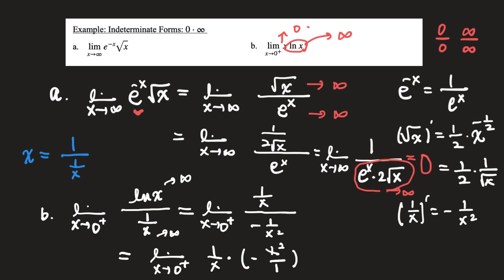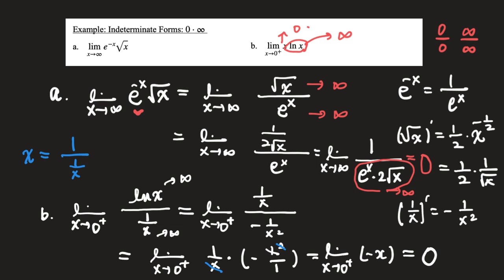With a fraction over a fraction, you flip the denominator. So the limit as x approaches 0 from the right: x squared cancels with x, leaving negative x. So this is going to be 0. That's how to find a 0 times infinity limit.